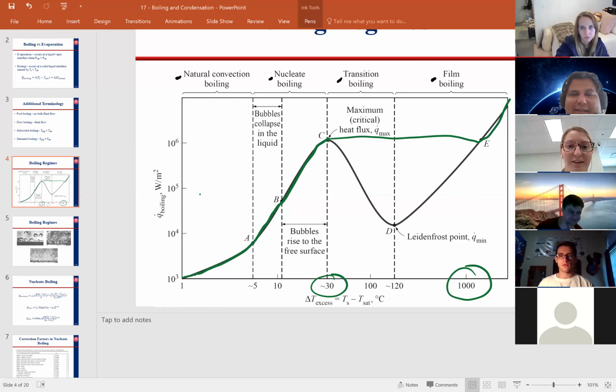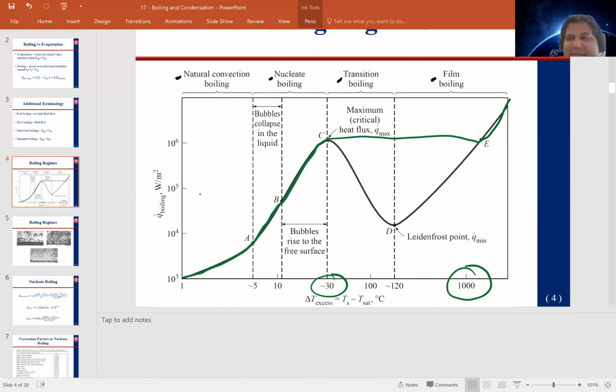There you go. Thank you. So we see the delta T axis jump from 30 degrees C to 1,000 degrees C. Now, how many materials do you think can handle 1,000 degrees C? Very few.